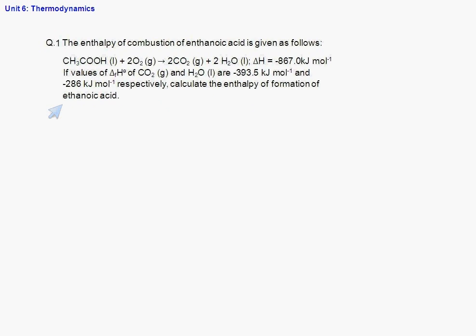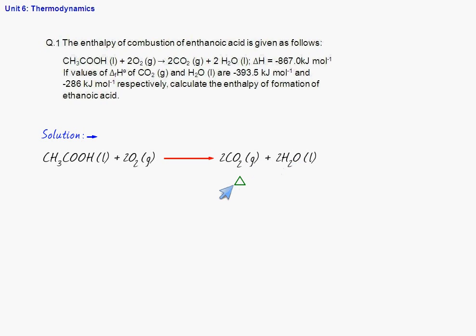Okay? This is the question. We have to find the enthalpy of formation of ethanoic acid. Now the solution. You know that the equation is CH3COOH liquid plus 2O2 gas gives 2CO2 gas plus 2H2O liquid, and delta rH naught is equal to minus 867.0 kilojoule per mole.